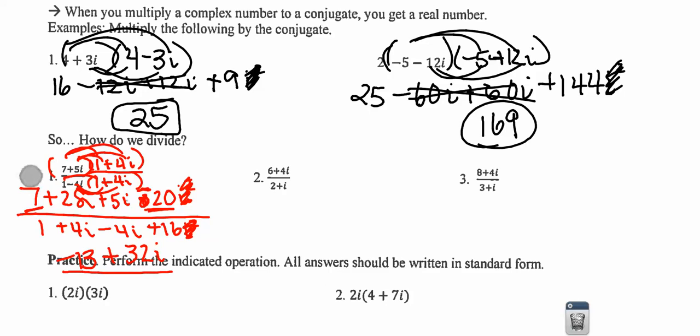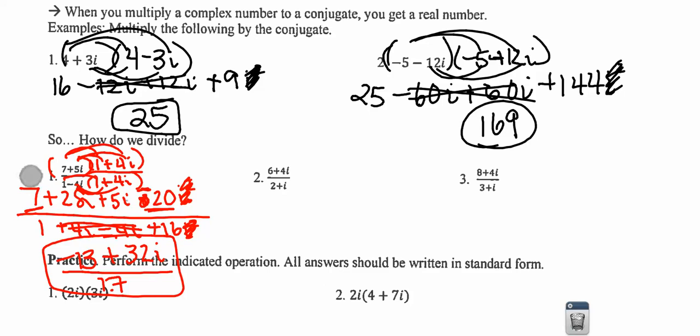All over, if I clean up the denominator, my 4i's cancel out, and 1 plus 16 is 17. And I'm done because 13 over 17 I can't simplify, and 32 over 17 I can't simplify. So I know I divided correctly because I no longer have an imaginary number in my denominator.